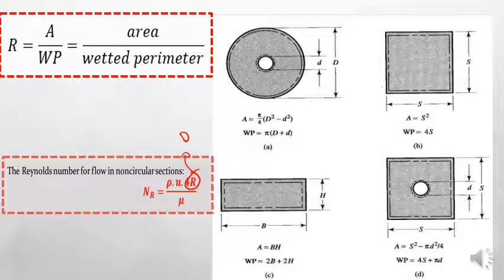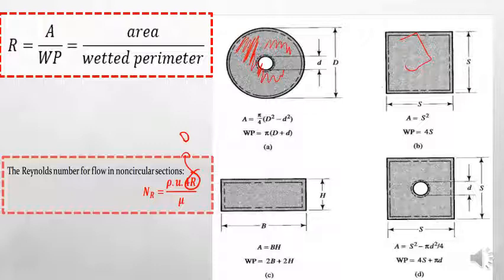Here in figures A, B, C, and D there are four types of non-circular section. The shaded area is where the fluid flows through. This one is shaped like this, this one is rectangular, this one is also non-circular, and this one has a hole in the middle.